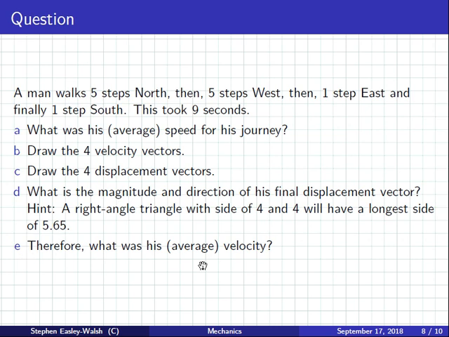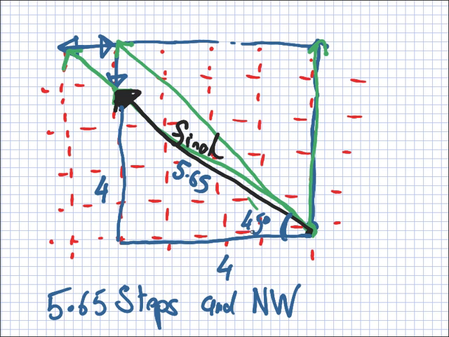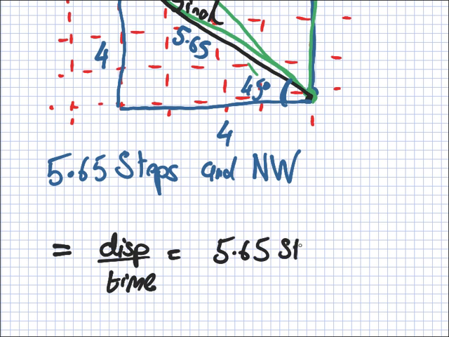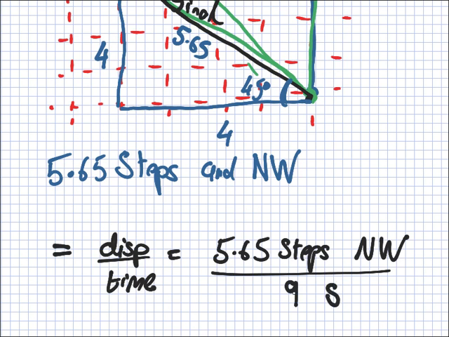Lastly, E, what was his velocity? Now, this looks like the same as A, doesn't it? What answer did you get for A? You got 1.33. But you don't get 1.33 for E. What's the formula for velocity? Velocity, displacement over time. Yep. So that's 5.65 steps northwest over, what was the time? 9 seconds.